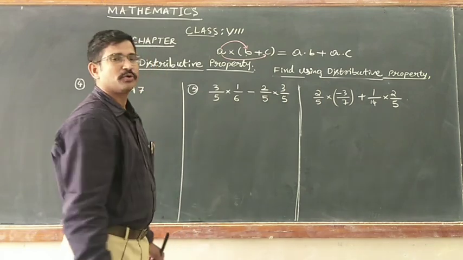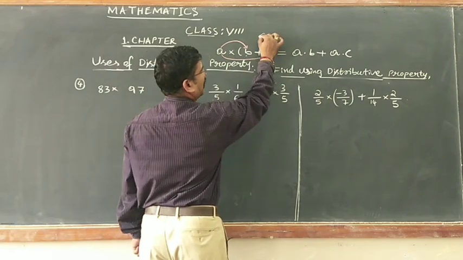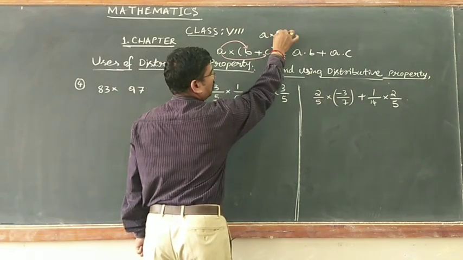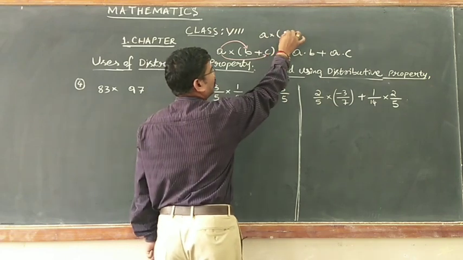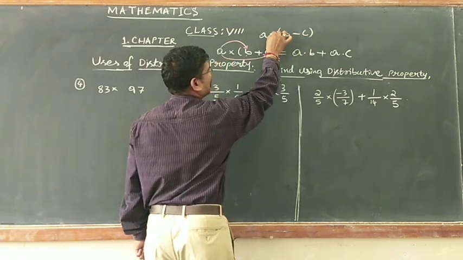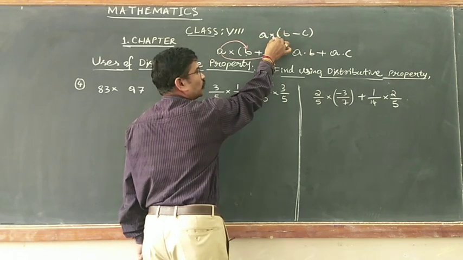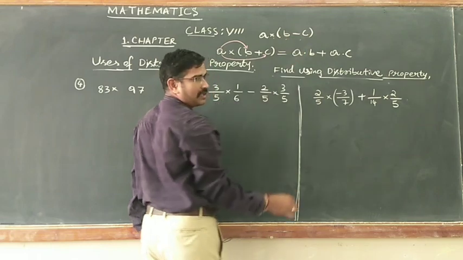What is this property? Similarly, we will have A multiplied by the difference of B and C, that is A multiplied by B minus C.